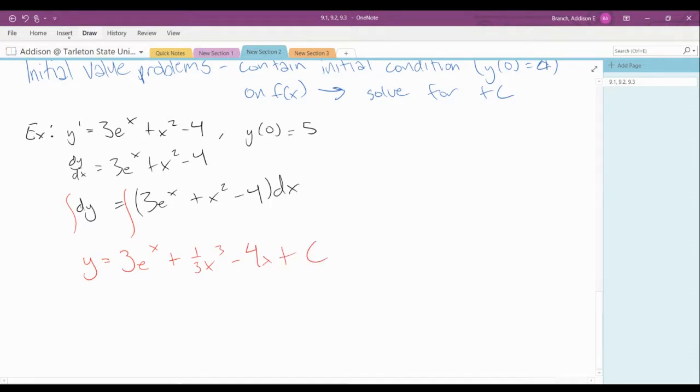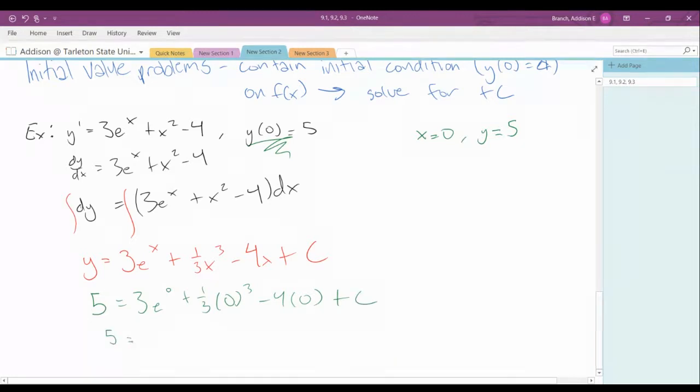But since they give us our initial value, we can actually go ahead and solve for c. What this is essentially saying is that when x is 0, y equals 5. So we can plug both of those into our general equation. So we have 5 equals 3e to the 0 plus 1/3 times 0 cubed minus 4 times 0 plus c.